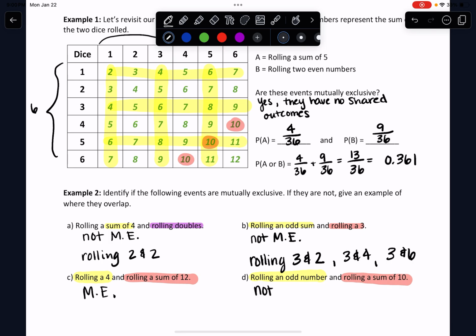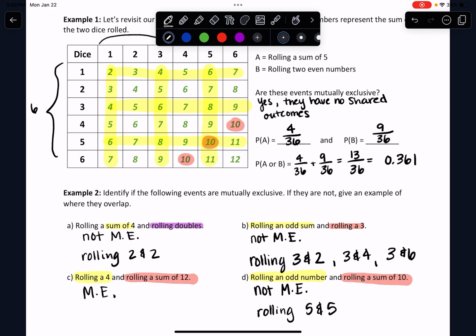So it is not mutually exclusive, because we can roll a 5 and a 5. That's rolling an odd number and rolling a sum of 10. So if events are mutually exclusive, all we have to do is add the probabilities together.